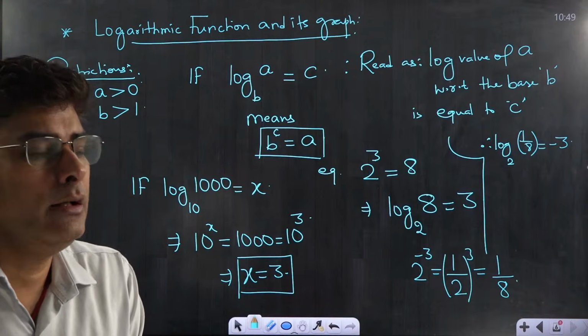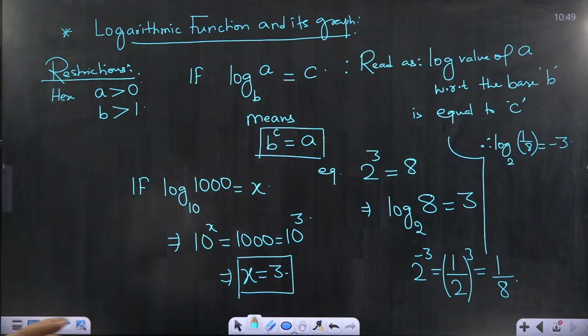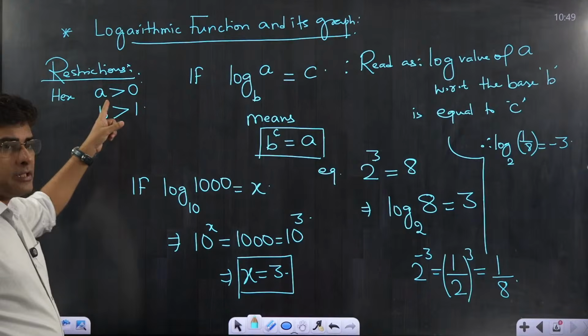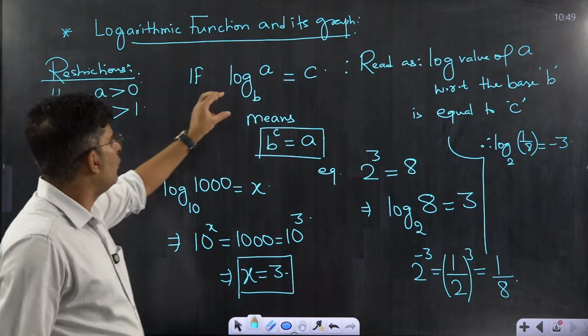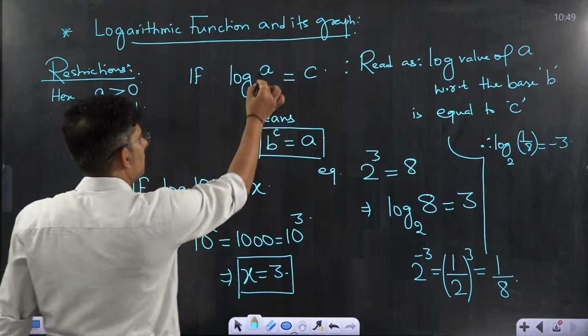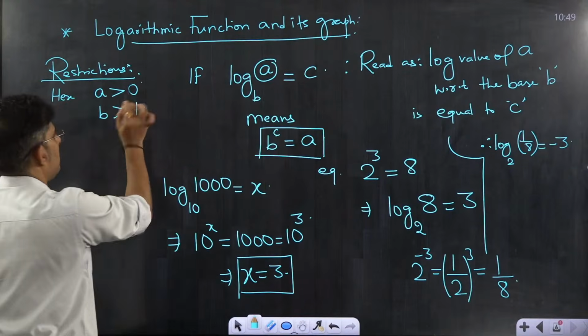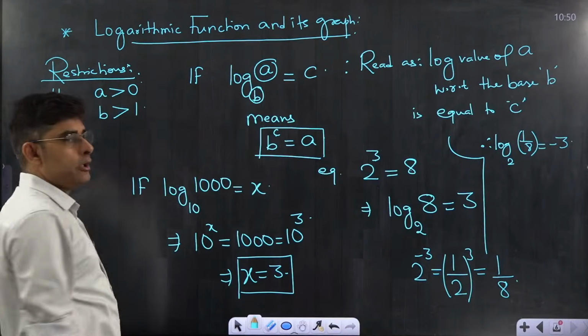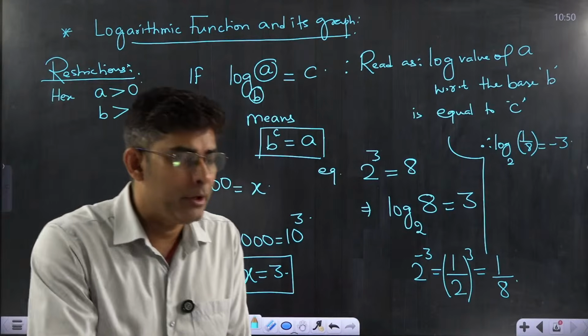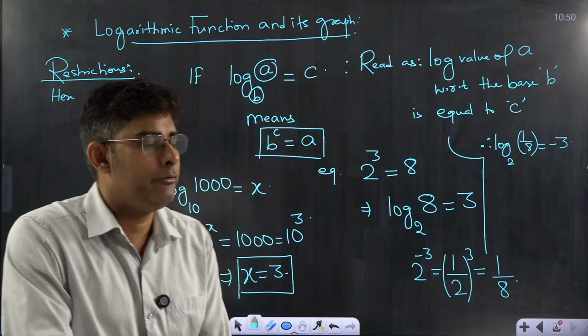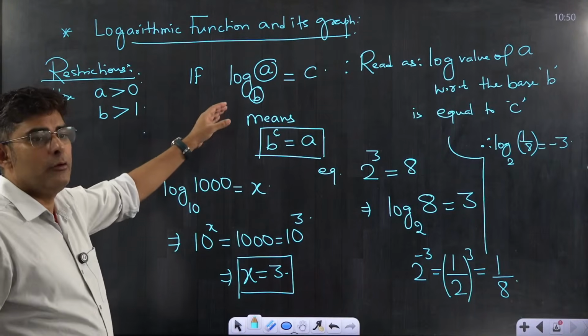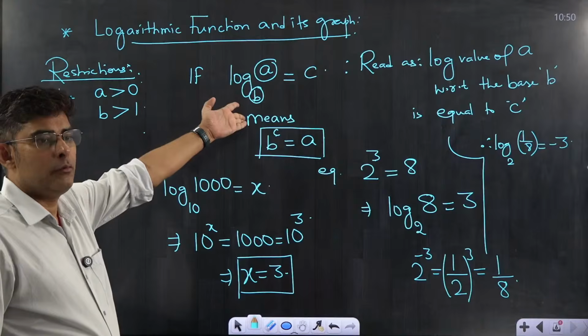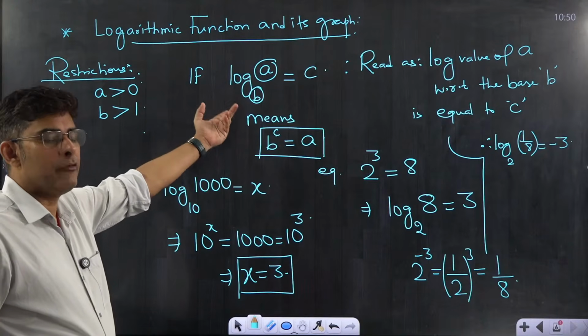So we can have log value as negative, but the restriction is that whose log you are calculating, this part should always be positive, and the base that you are taking should always be greater than 1. Why? Because if you take base as 1, then 1 to the power whatever you will take, it will become 1 only.